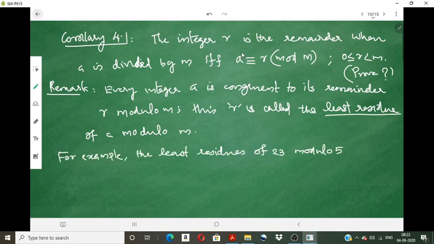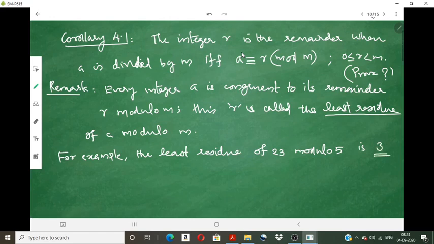Okay, for example, the least residue of 23 modulo 5. When 23 is divided by 5, the least residue is the remainder obtained when 23 is divided by 5, by the corollary. So 23 when divided by 5 gives 3 as the remainder.